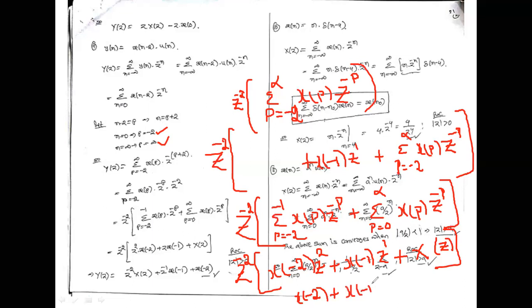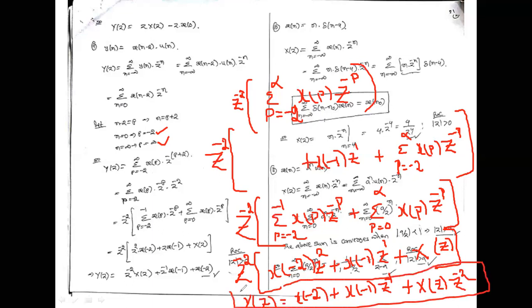So x of minus 1 into z power minus 1, plus x of z into z power minus 2. After expanding, y of z is equal to x of z z power minus 2 plus x of minus 1 z power minus 1 plus x of minus 2.